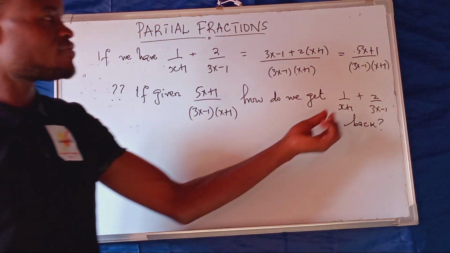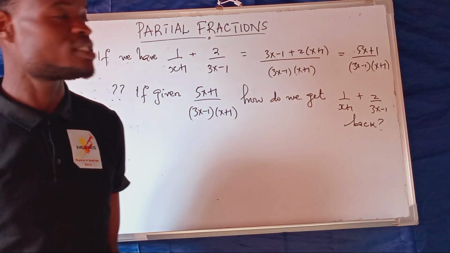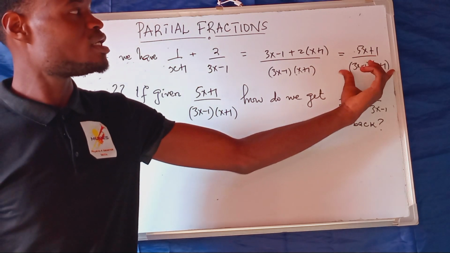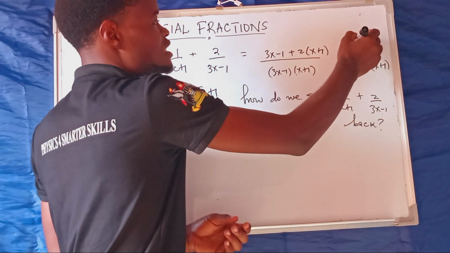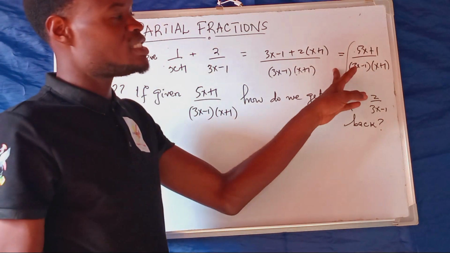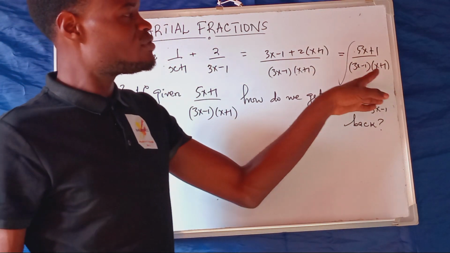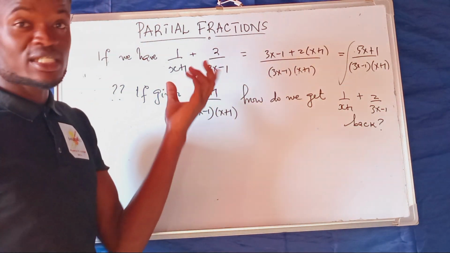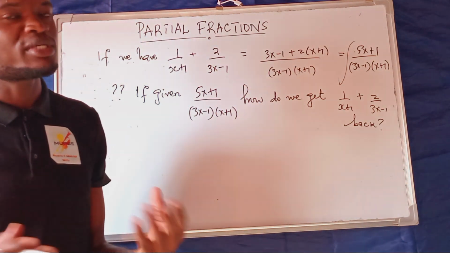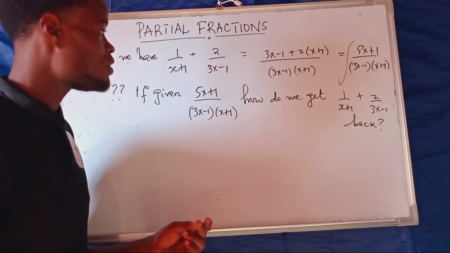We know that this function is very easy to integrate than having this one. So if I'm given to integrate such a number, I will first have to split this into small manageable functions which are easy to integrate. Specifically, that is the concept.